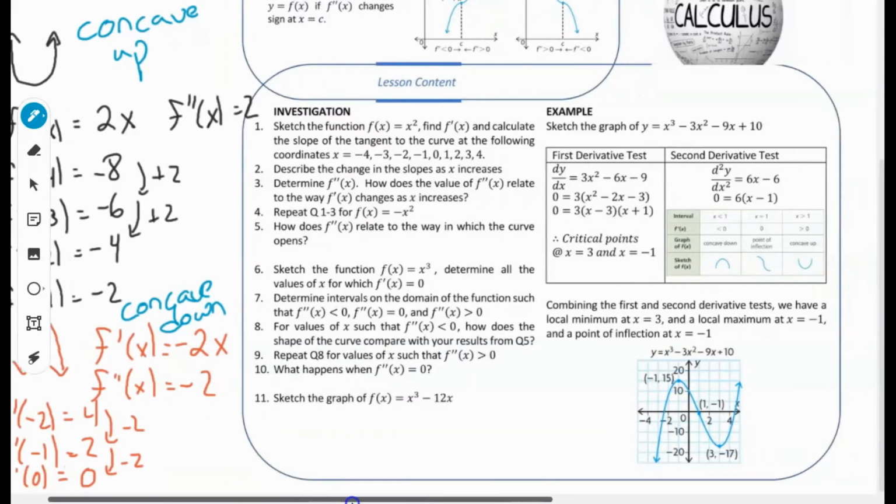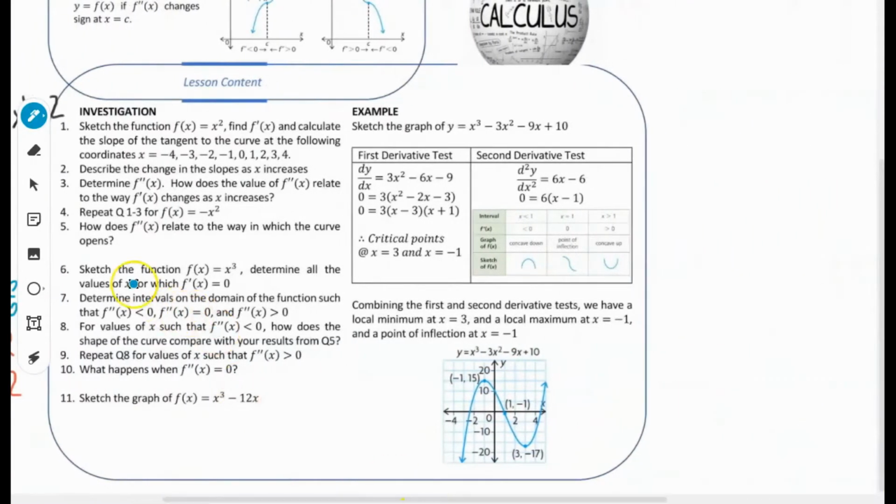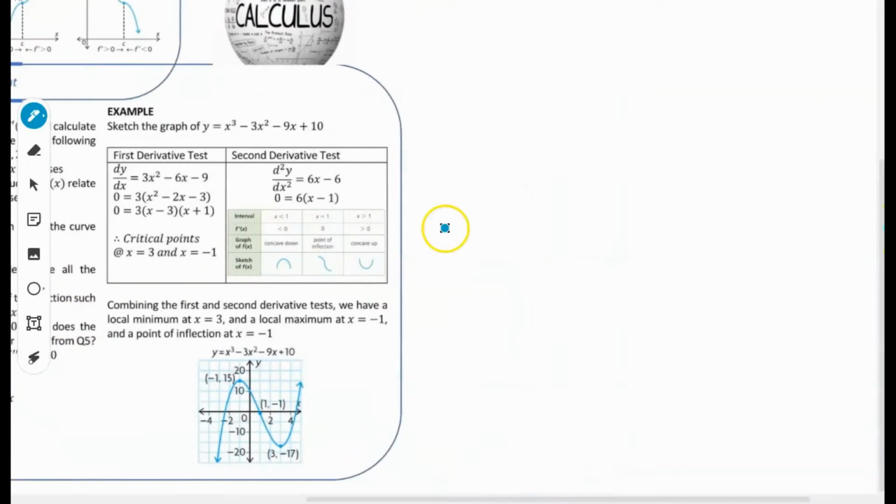But first, let's continue our little investigation over here. Sketch x cubed. Okay, well, we know what that looks like. Looks like this. Something like that. As there's f at x, which is x cubed.